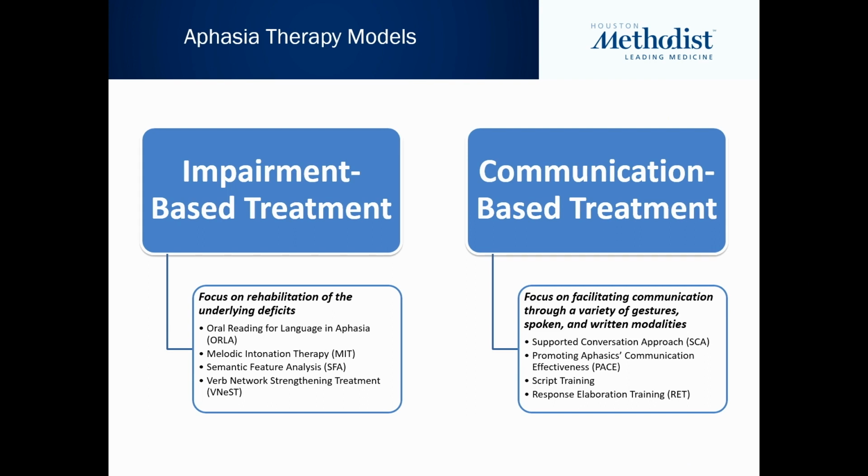Versus communication treatment, where you're trying to give a patient any means physically they can to use for communication, whether it's spoken language, written language, or gesture. It's really the whole picture, and a lot of times therapy is blended. I listed quite a few evidence-based approaches underneath. I won't go through all of them, but I'm more than happy to discuss or provide references at a later time for any of these options.